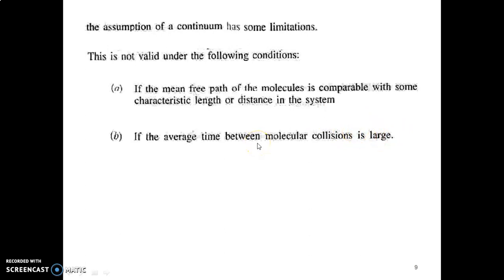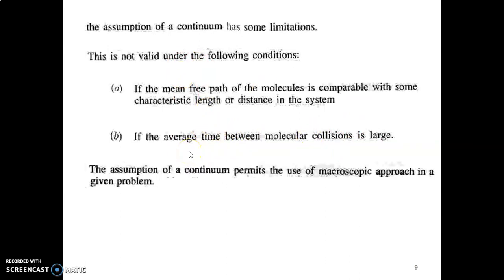The molecule will take more time to travel and collide with other molecules. So if the average time increases, that means mean free path also increases. So in this case also, the Knudsen number value will be greater than 0.01, and the continuum concept cannot be applied.